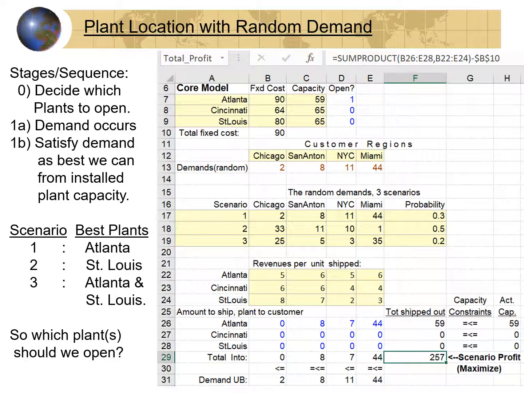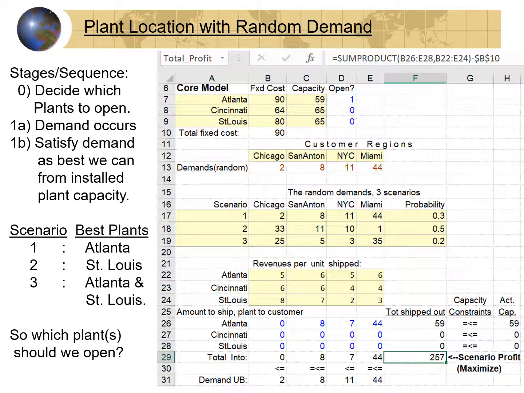A little bit further down, we specify what the revenues are per unit shipped. These revenues per unit shipped, 5, for example, for shipping from Atlanta to Chicago, correspond to the selling price minus the variable costs. That's where those revenues come from, loosely speaking.